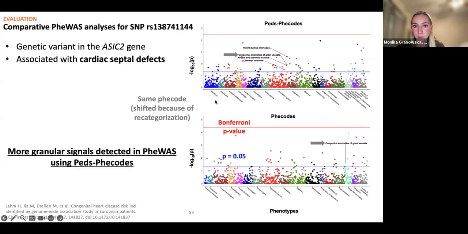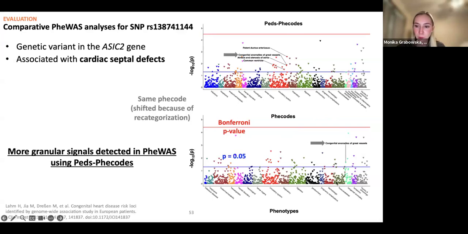And I will point out that the x-axis on this upper plot using the PEDS Phecodes looks a little bit different than below using the Phecodes, and that's because while we were developing the PEDS Phecodes, we ended up recategorizing the Phecodes into their disease categories. We sought to move phenotypes according to their affected anatomical location.